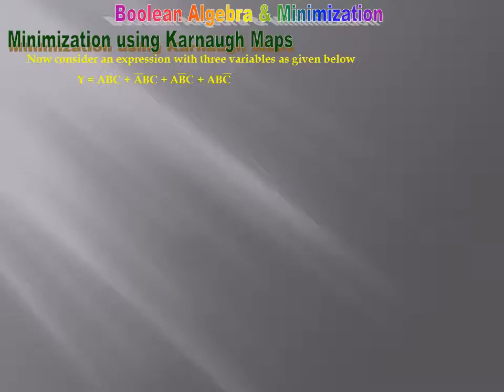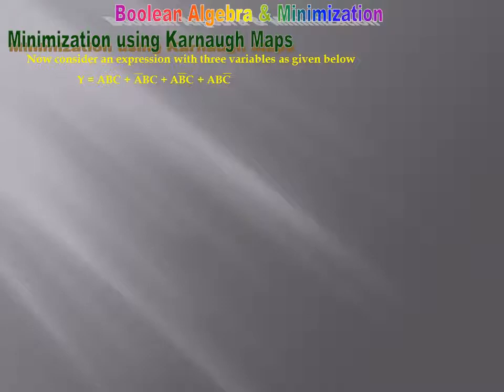Let's take the example of 3 variables. The 3 variables will be handled by a 3 variable Karnaugh map, and 3 variables we know can have 8 maximum terms.